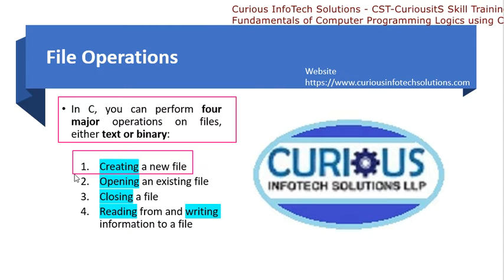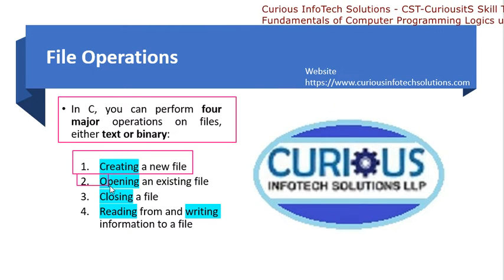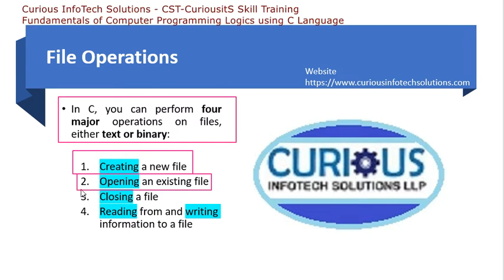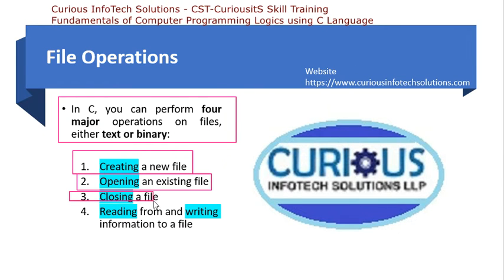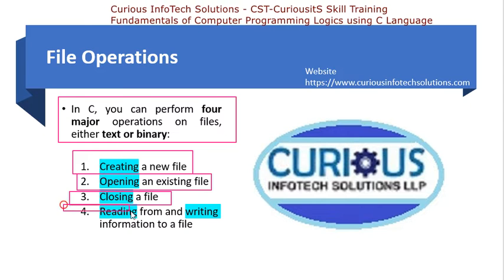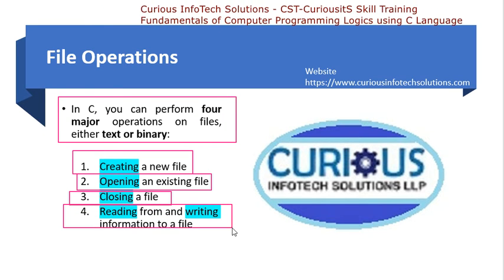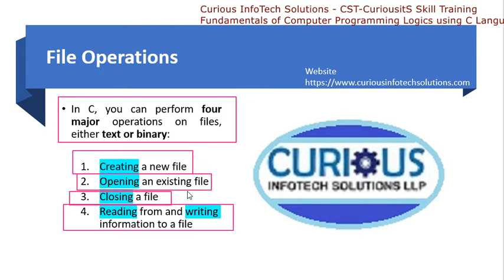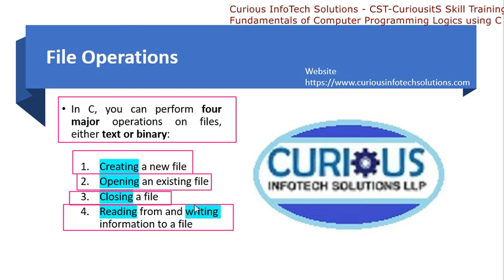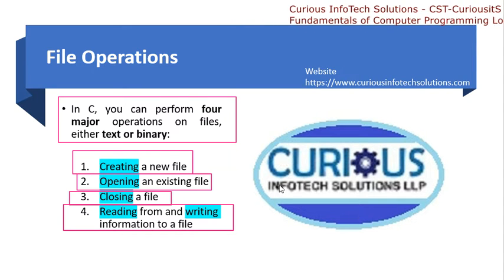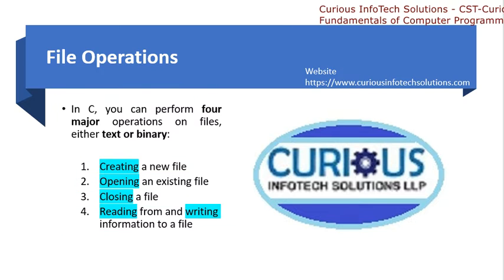The second operation is opening an existing file or a created file. Then closing a file, and then reading from and writing information to a file. Such types of operations are popular, fundamental and basic for file handling through the program.